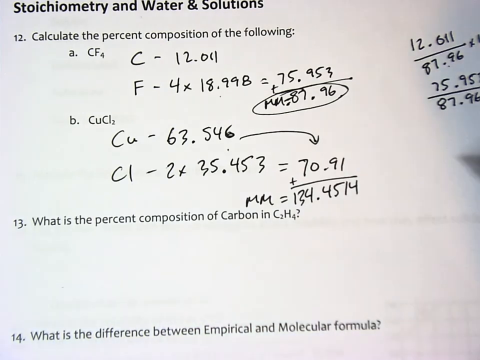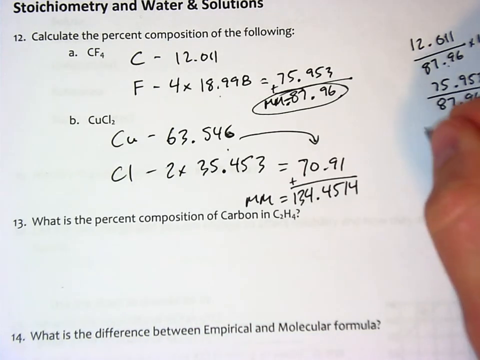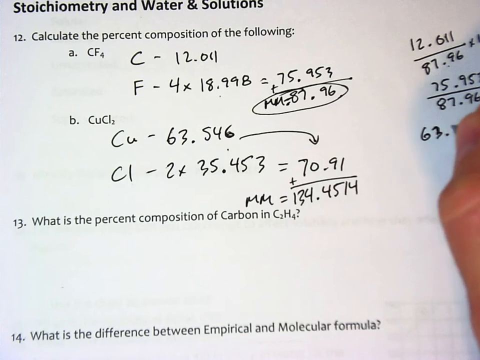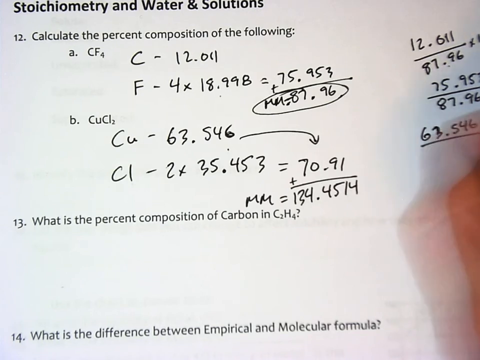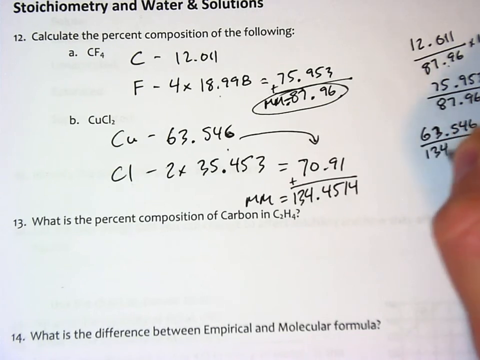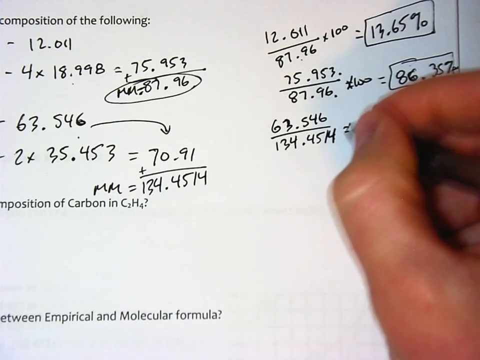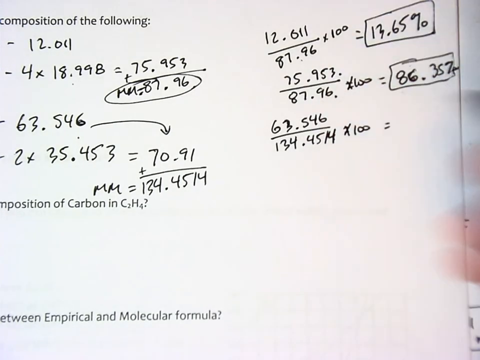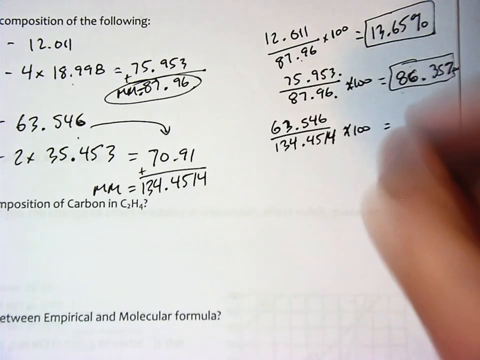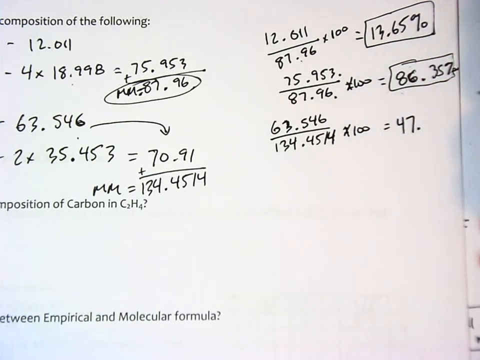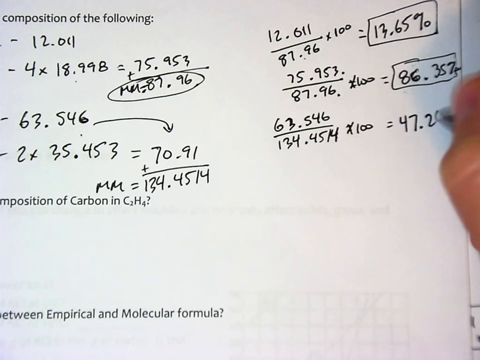So now I'm just going to take the part over the whole. So copper, 63.546 divided by 134.4514, the molar mass, times 100 to make it a percent, which gives me 47.26%.